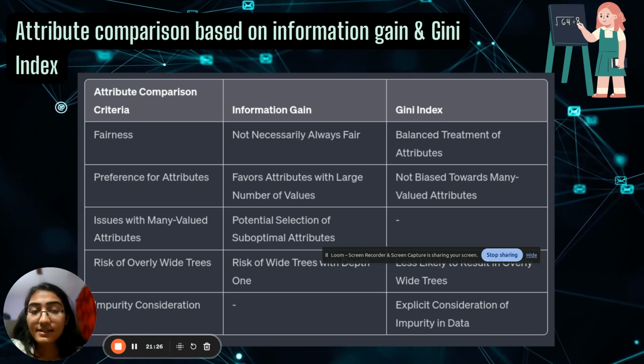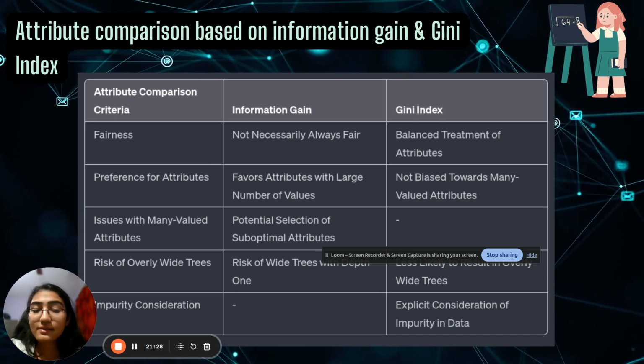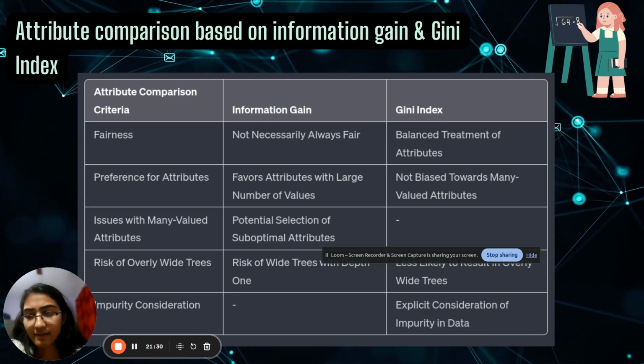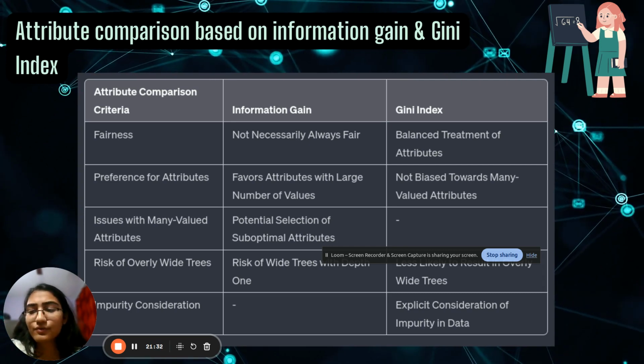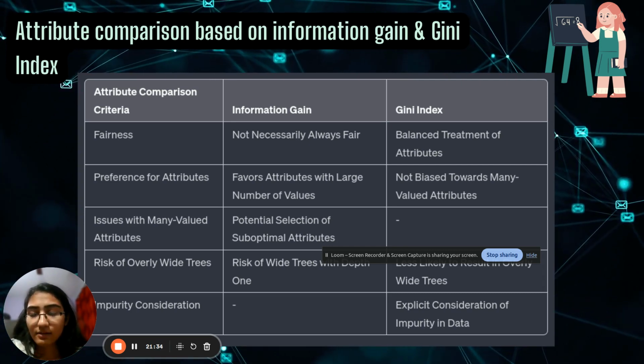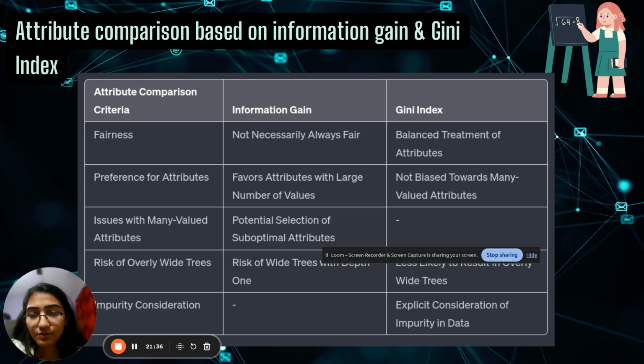But Gini index is not biased towards multi-valued attributes, meaning attributes with many values. It has no particular bias towards the number of values. But information gain has issues with multi-valued attributes, as we have already discussed, with potential selection of suboptimal attributes. There is nothing of such sort in Gini index.